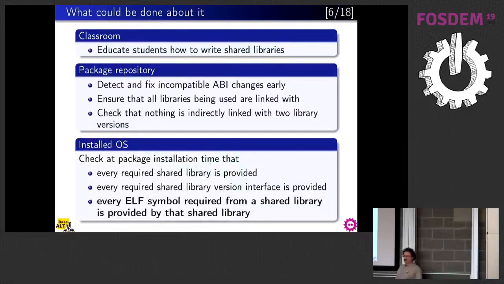We can at least ensure that applications that use interfaces from libraries are actually linked with these libraries, and we can have tooling in repositories to check that no application, at least in the repository, is linked with 2 different versions of the same library.